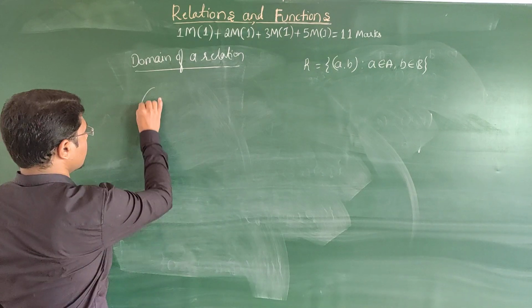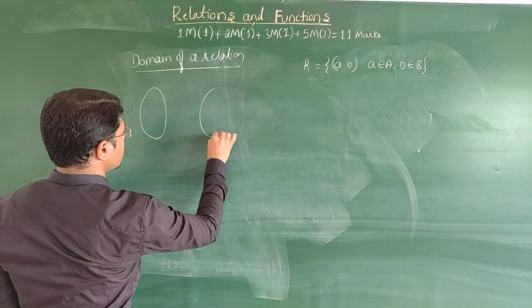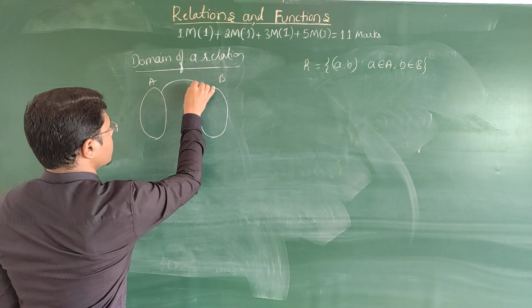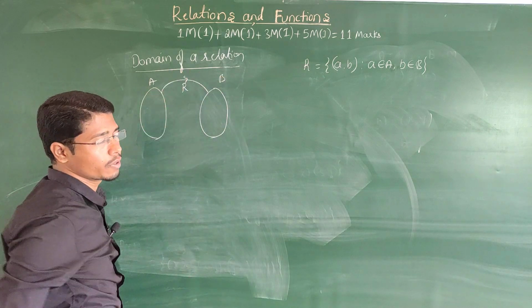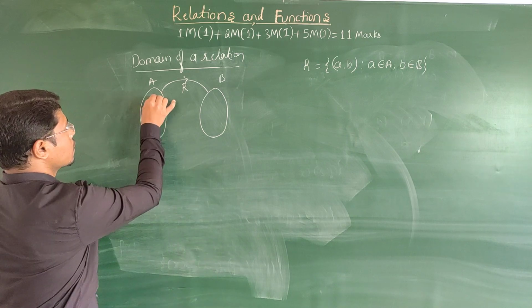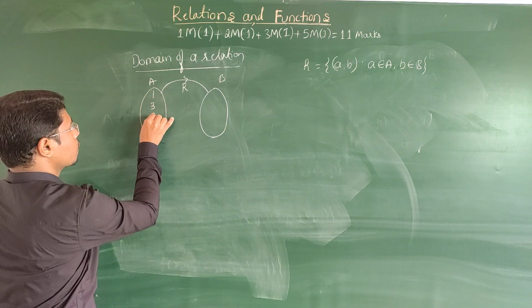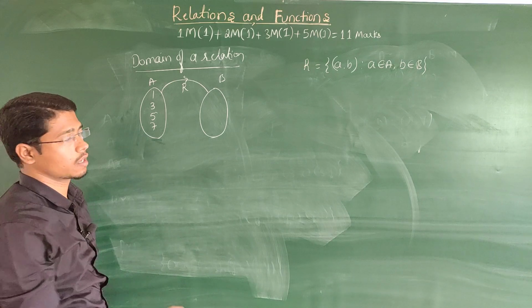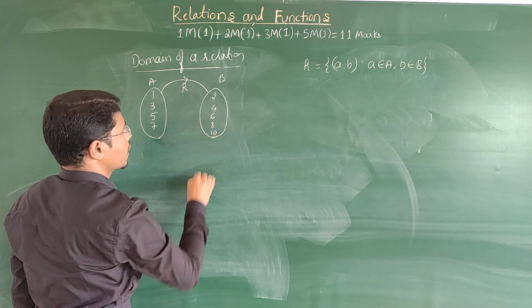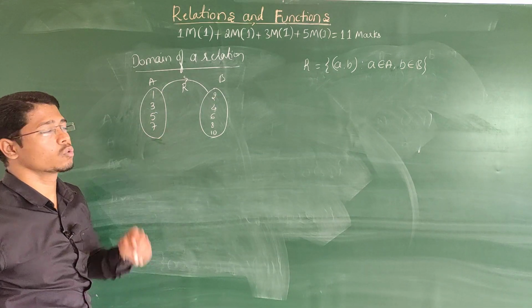So let's see, if there are two sets, this is set A, B. A is related to B. That is a relation between these two. Okay, so let us take 1, 3, 5, 7. Okay, then 2, 4, 6, 8, 10. These are the two sets.